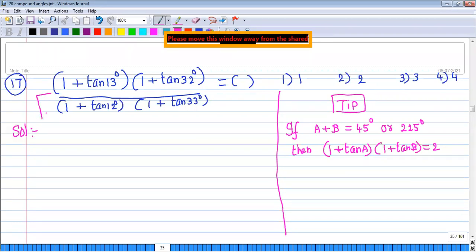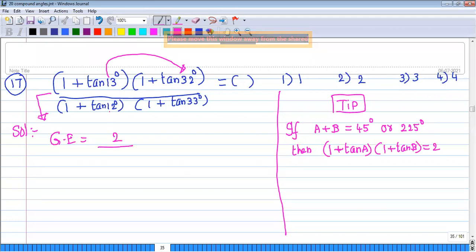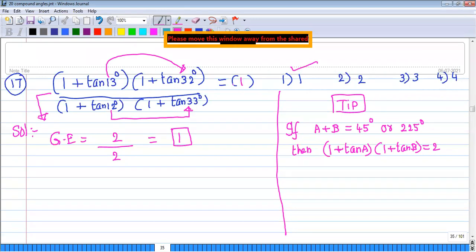Now this given expression becomes: 13 plus 32 is equal to 45, A plus B is equal to 45. So 1 plus tan A into 1 plus tan B is 2. The numerator is 2. Similarly, 12 plus 33 is also 45, so the denominator is also 2. 2 by 2 equals 1. So the first option is the right option.